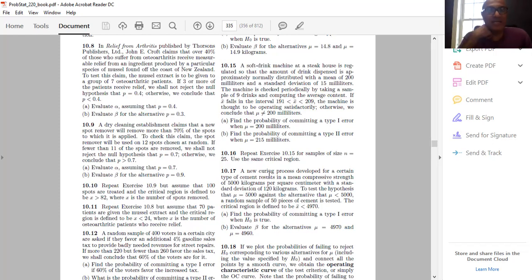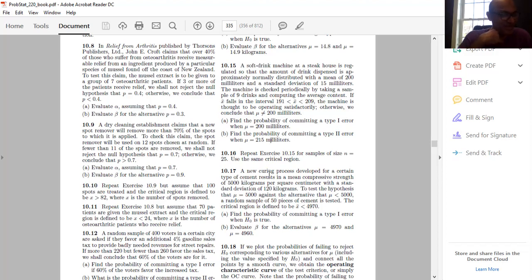A dry cleaning establishment claims that a new spot remover will remove more than 70% of the spots to which it is applied. To check this claim, the spot remover will be used on 12 spots chosen at random. Your n value is given. If fewer than 11 of the spots are removed, right? Please keep this thing in mind, guys.